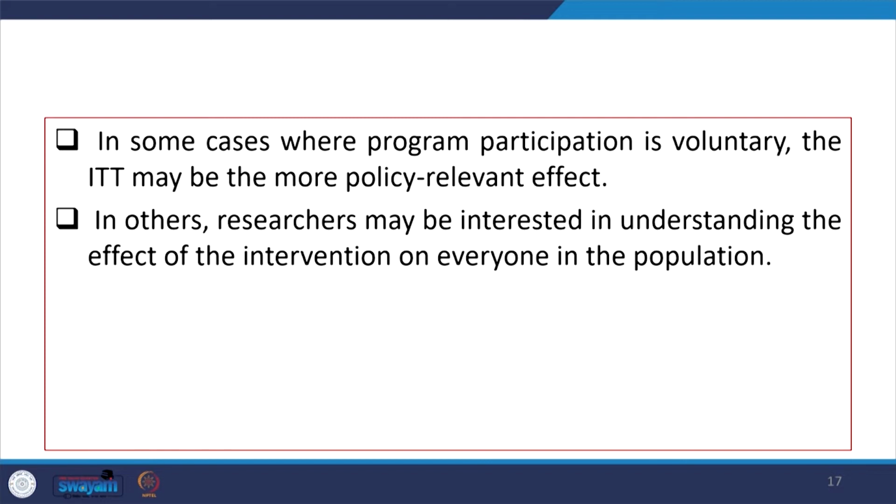When it is involuntary or very specific, then you have to differentiate who are the specific persons willing to take the program and what really happened to them. Researchers may be interested in understanding the effect of the intervention on everyone in the population. So, in that case ITT may be considered.